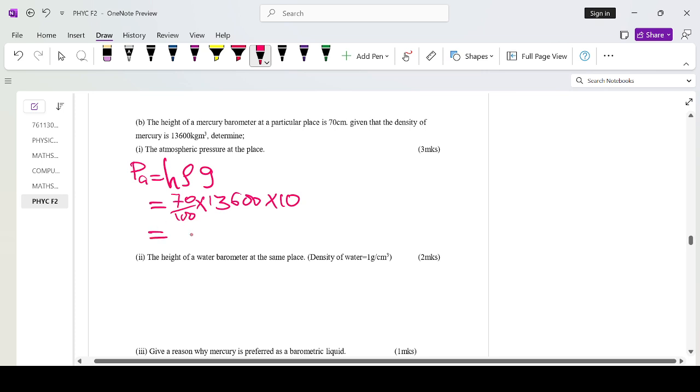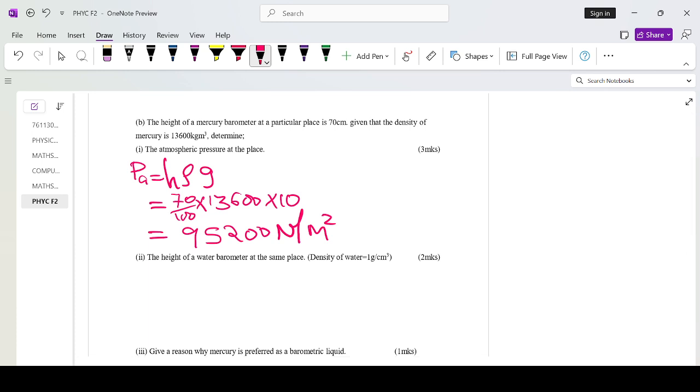That gives you 95,200 newtons per square meter, or you can talk of it as pascals, whichever you wish.